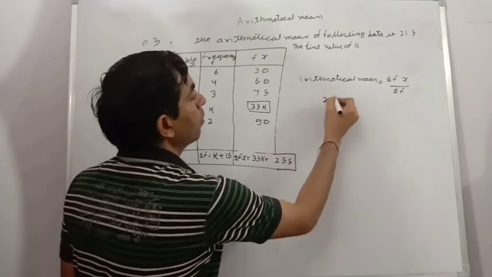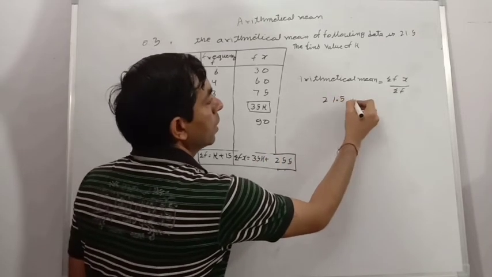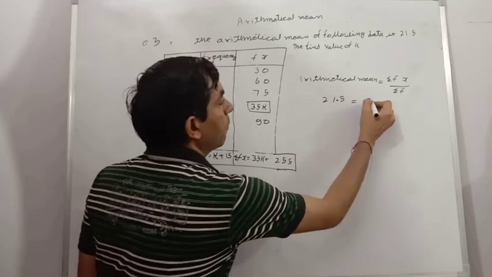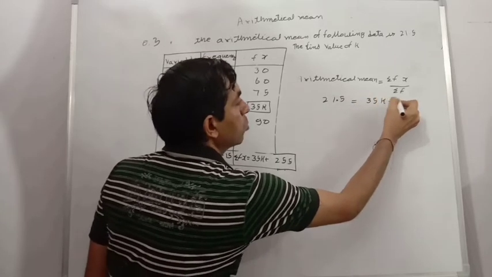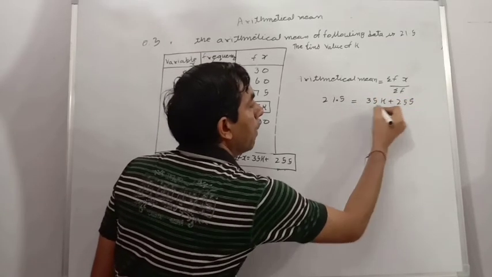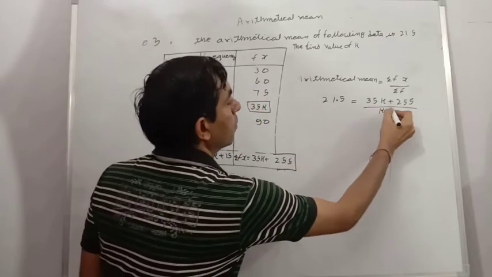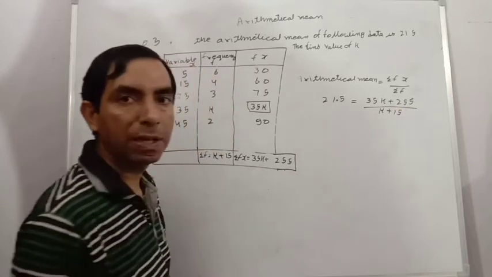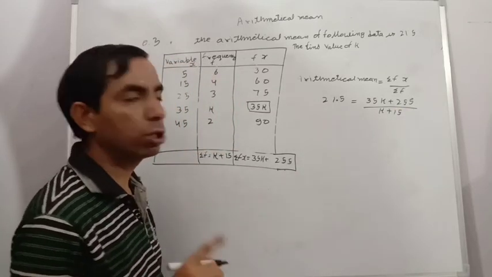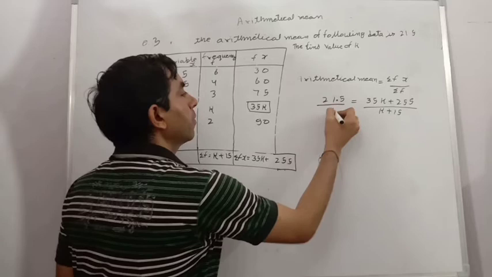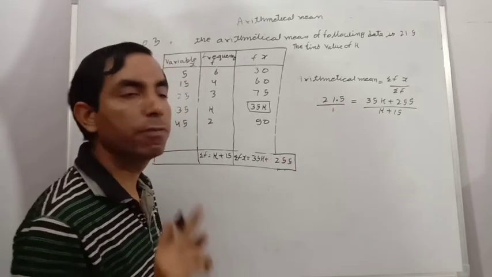Now we write the values in our formula. Arithmetical mean 21.5 equals 35k plus 255 upon summation of f, which is k plus 15. Now we do the cross multiplication. In the denominator nothing is given, so we suppose it is 1.